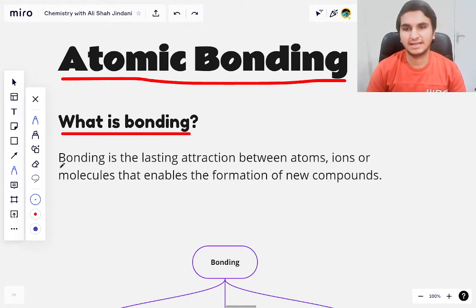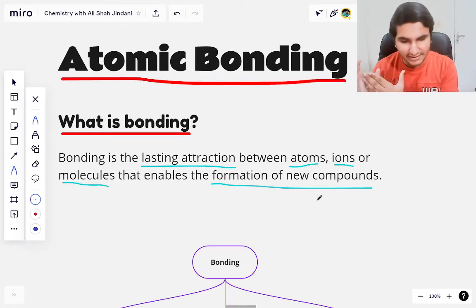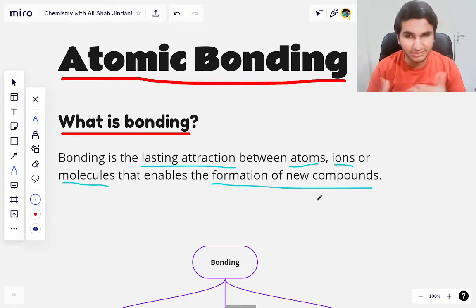So basically, bonding is the lasting attraction between atoms, ions, or molecules that enables the formation of new compounds. So in bonding, we are taking atoms, ions, or molecules, and if you don't know about them, I'm going to explain.